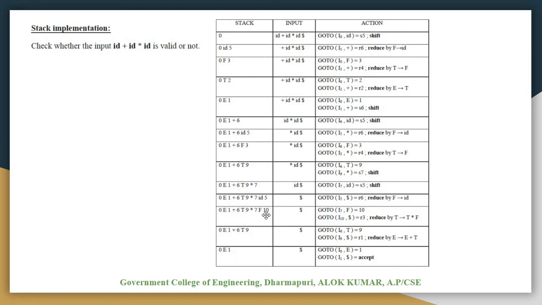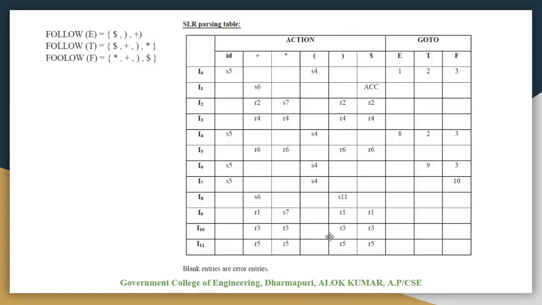In this manner we will do it, and at last you can see this one is coming: 0 E 1 plus 6 T 9, and here dollar, and here I6 we will see. This one we have seen. At that time 9 is coming, so because of that we have kept 9. Now I9 we will see with dollar, so here reduction R1 is there in that table.